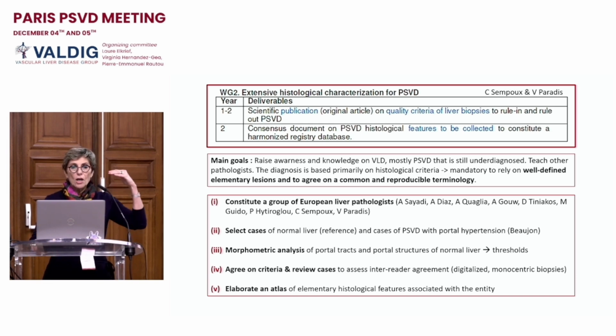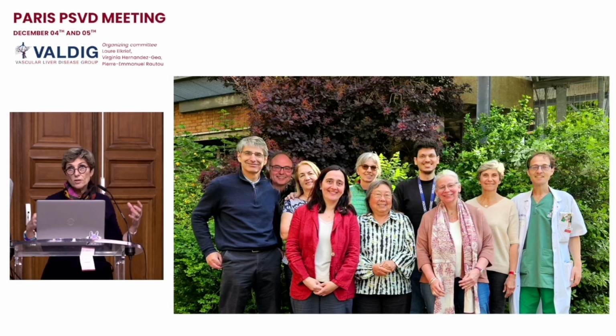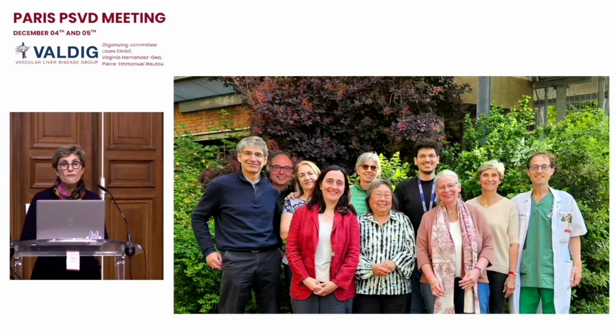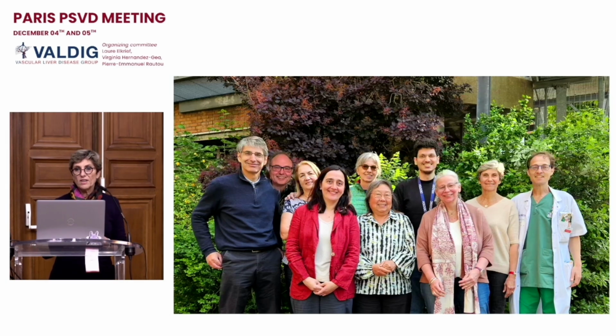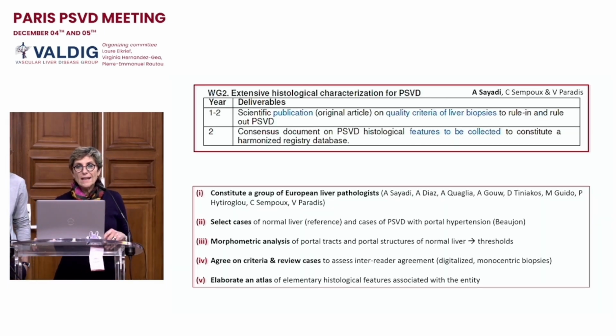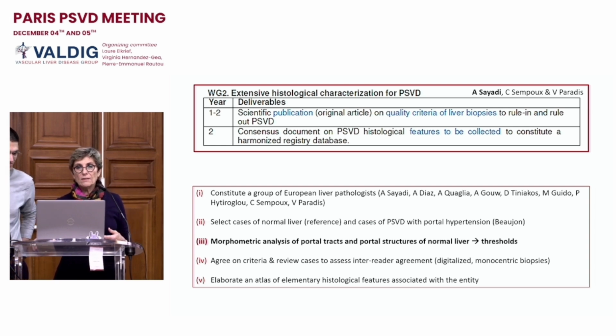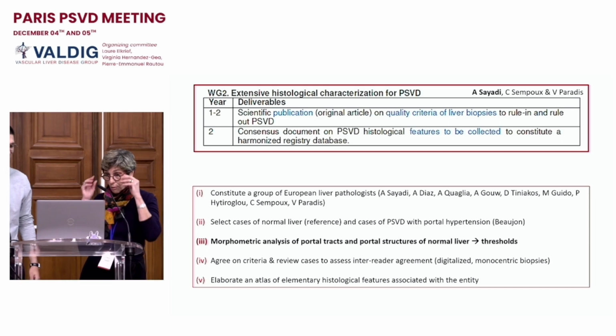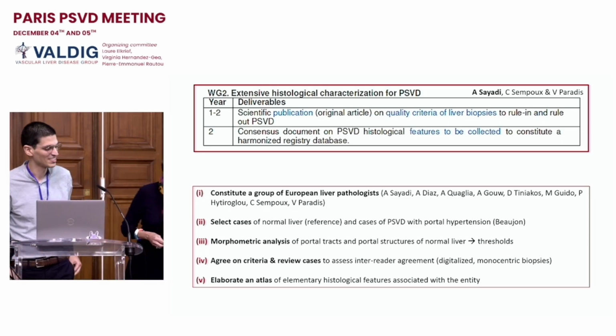To do that, we have several steps, and the first one was to bring together famous pathologists into a group to review a number of cases. You can see Pierre-Emmanuel Rotou on the right, who is a famous liver pathologist. And then we will go through the different steps, and Alexandre will present the results of the study.